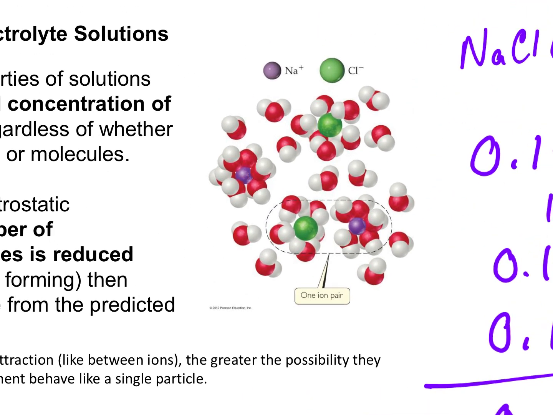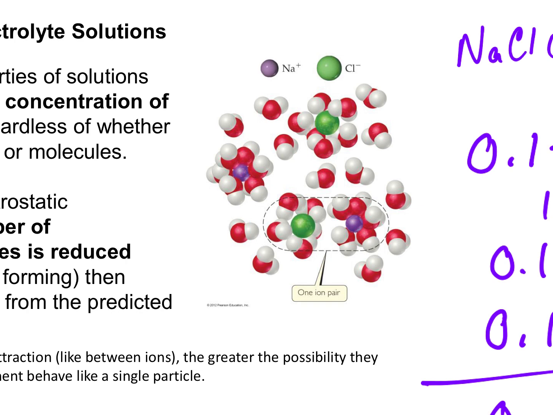If we look at this diagram of a solution, we have our chloride ion, our sodium ion. These ones are ion paired. This figure is a little hard to read, but if we were to look at the number of water molecules effectively around each of those ions in the ion pair, it would be lower than the ions that are not paired together.